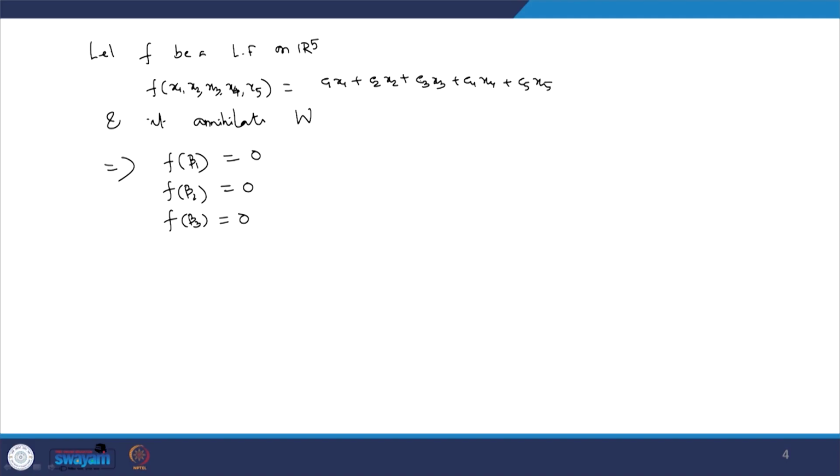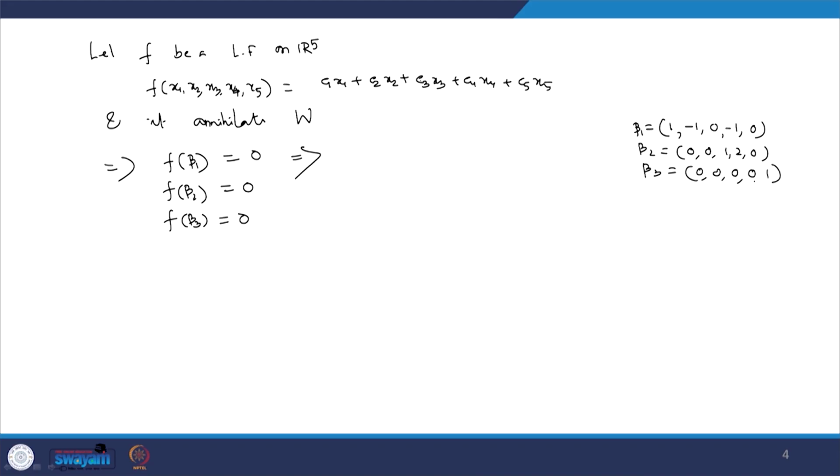So beta 1 is equal to 1, minus 1, 0, minus 1, 0; beta 2 is equal to 0, 0, 1, 2, 0; and beta 3 is equal to 0, 0, 0, 0, 1.